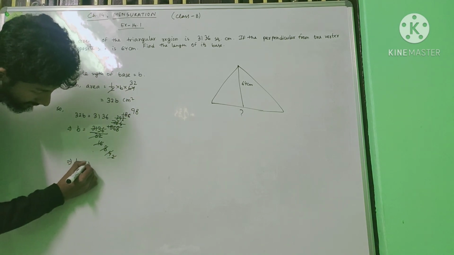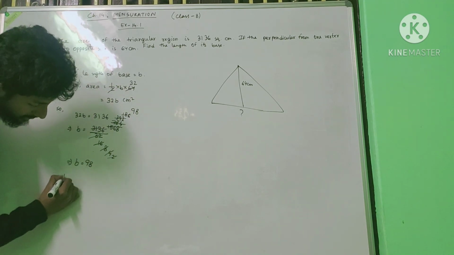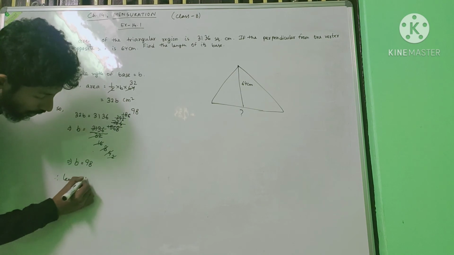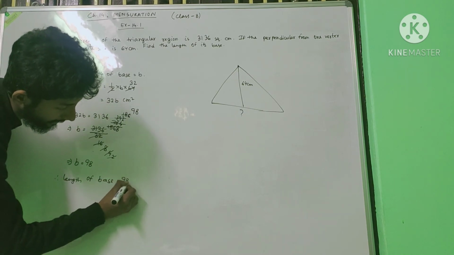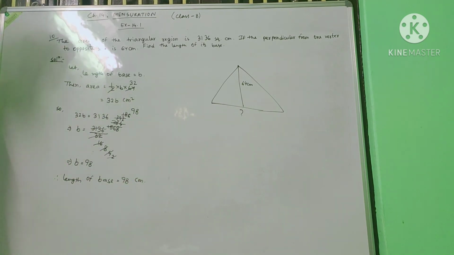So b here is 98. That means the length of base equals 98 centimeter only.